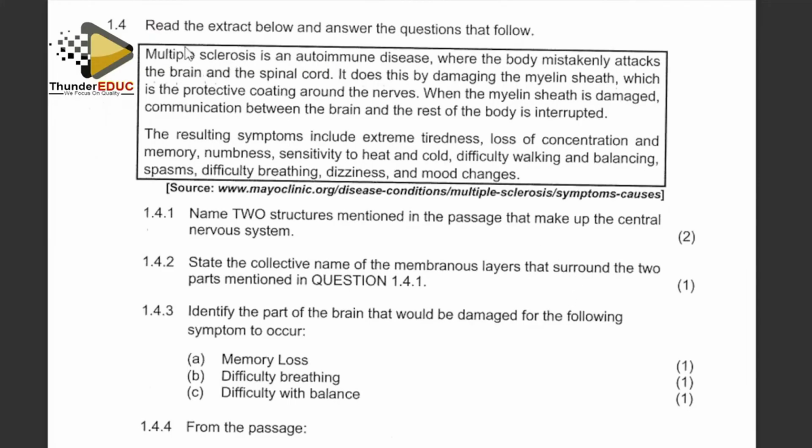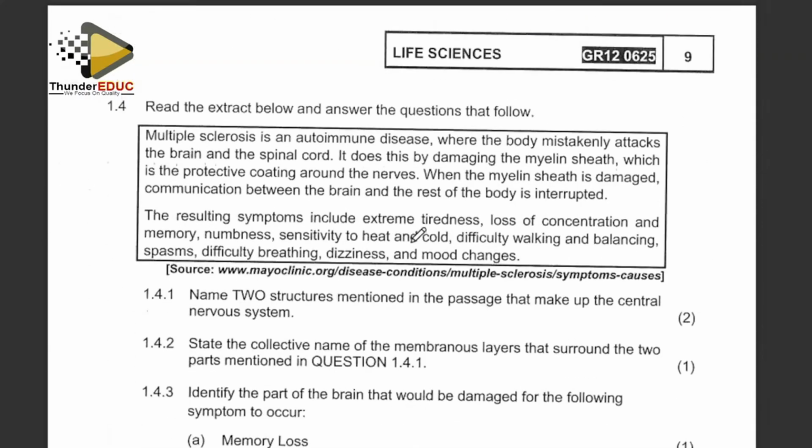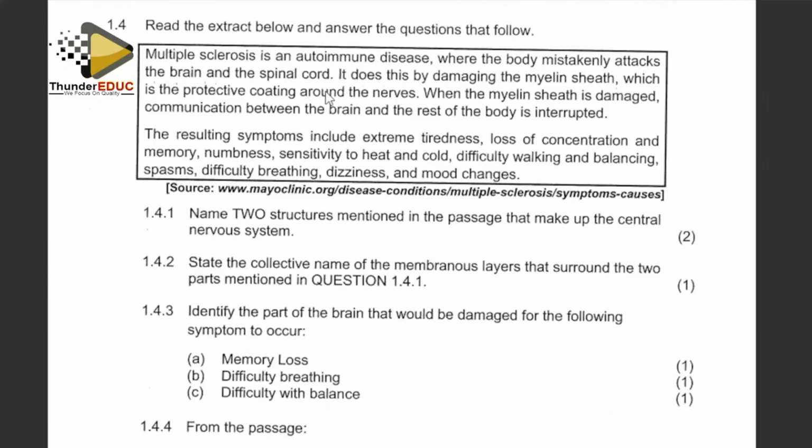All right. Let's go to the next question. I hope you guys got all those marks right. They're saying, read the extract below and answer the questions that follow. Multiple sclerosis is an autoimmune disease where the body mistakenly attacks the brain and the spinal cord. It does this by damaging the myelin sheath, which is a protective coating around the nerves.